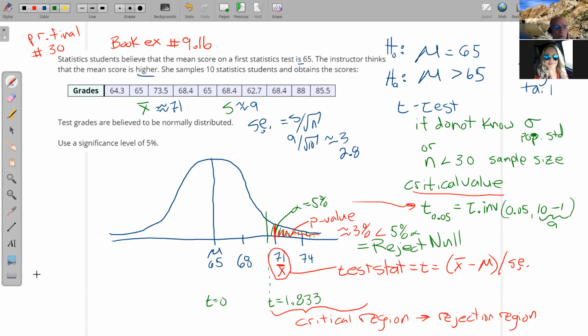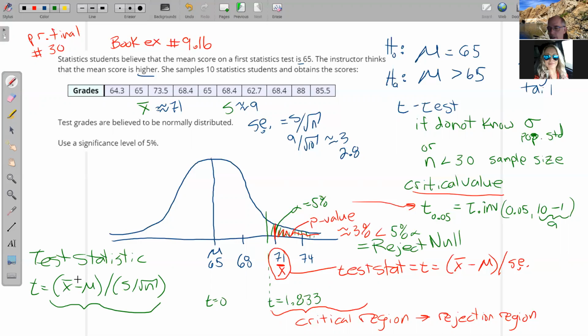So like a more full version of that test statistic here: if you weren't using a spreadsheet, you would have to find that mean somehow, find that standard deviation, and then the t-value would be, again, x bar minus the null divided by parentheses s over the square root of n. That is how I calculated that test statistic t-score. And for t-scores, you have to make that calculation for t-tests.